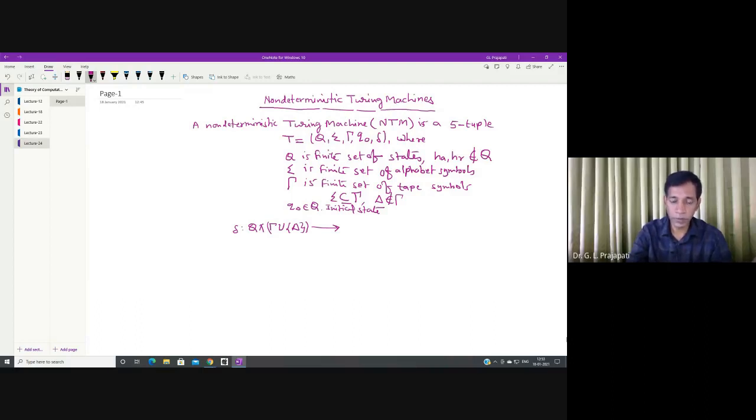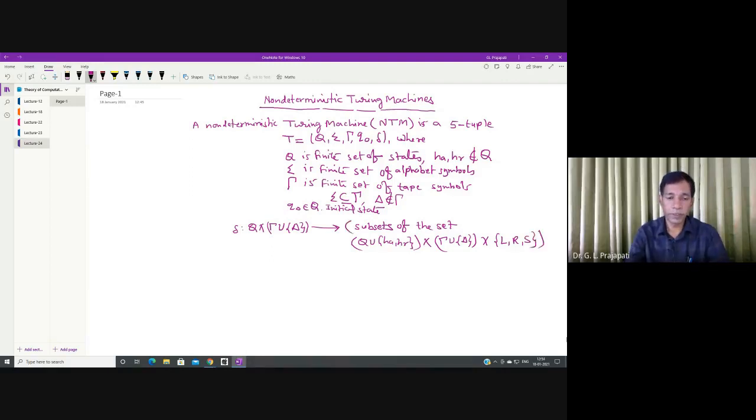Instead of having only one element, it is a subset of the set Q union {HA, HR}, times tau union blank, times the directions L, R and S.